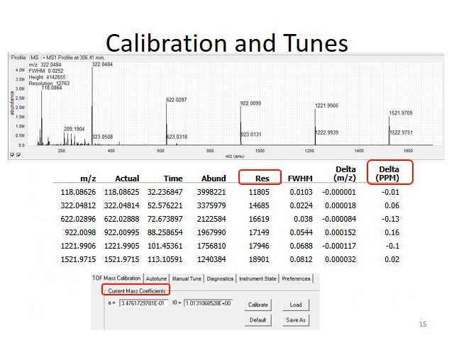In this slide, I am showing you a standard calibration and tuning report. By infusing a standard mixture into this 6550 QTOF system, you will see this typical mass spectrum.